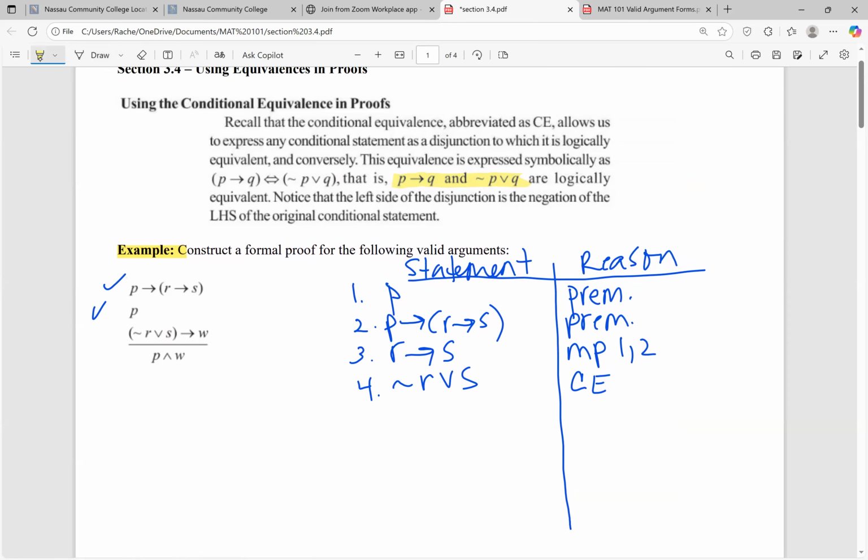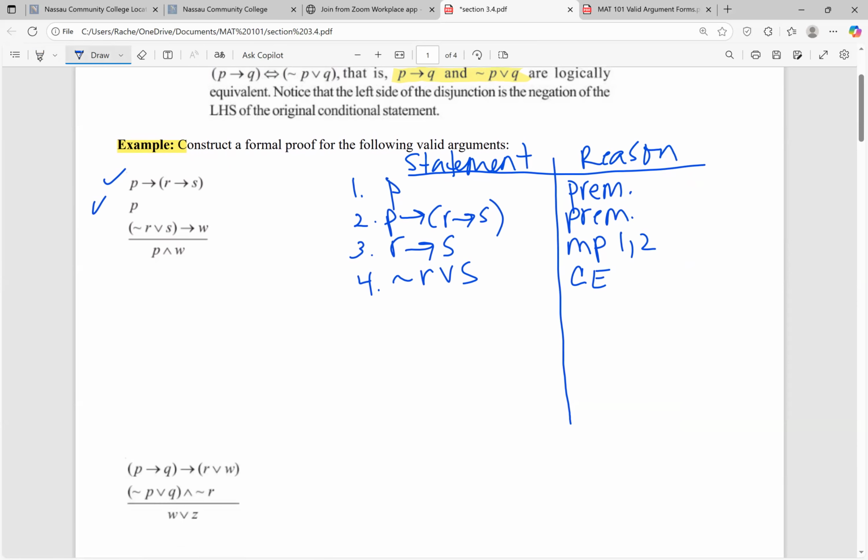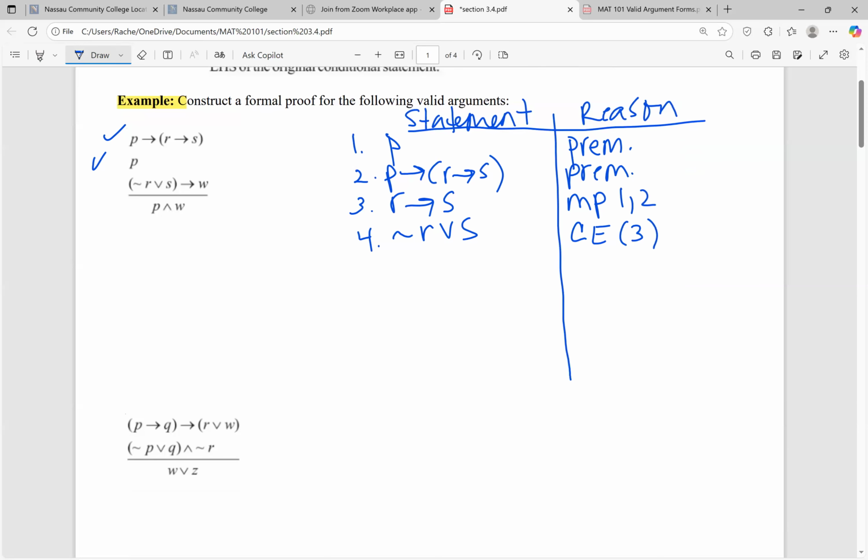I have all the abbreviations within the definitions up there. So the conditional equivalence I'm using on statement 3. Now I have not R or S, which is the left-hand side of this conditional premise. So let's state this premise. We have not R or S implies W. It's true because it's a premise.